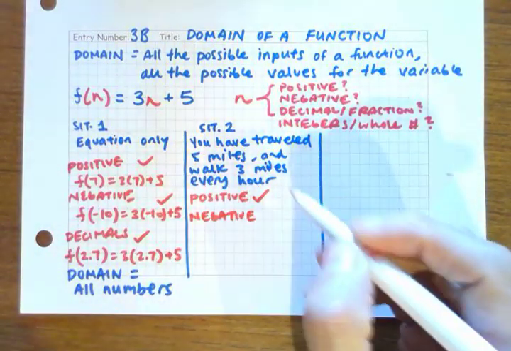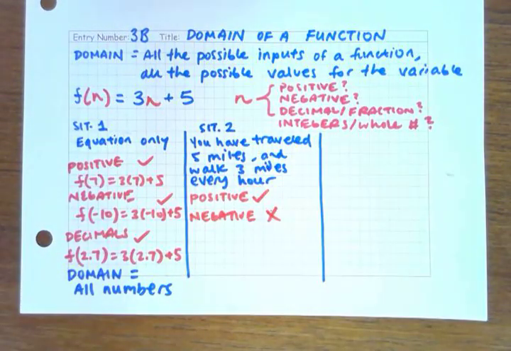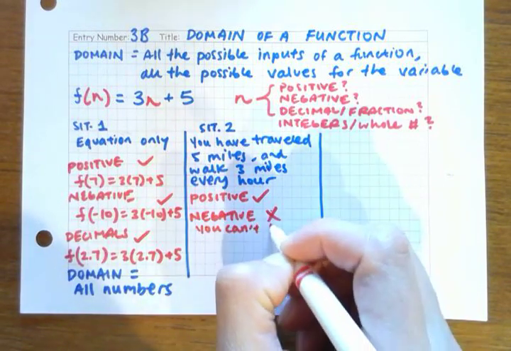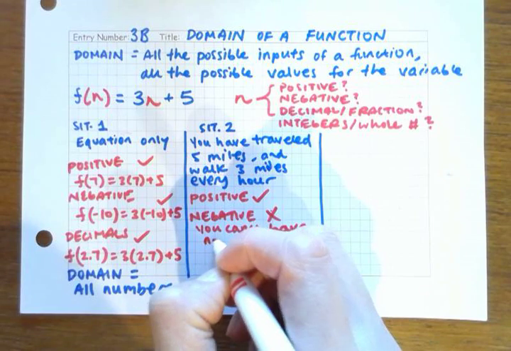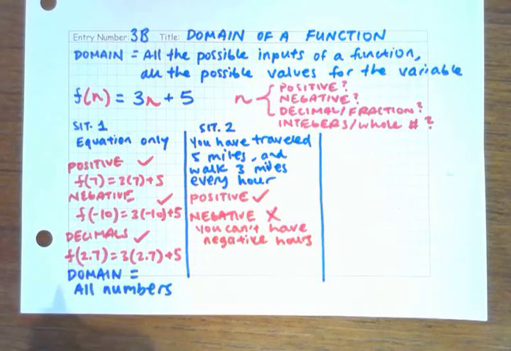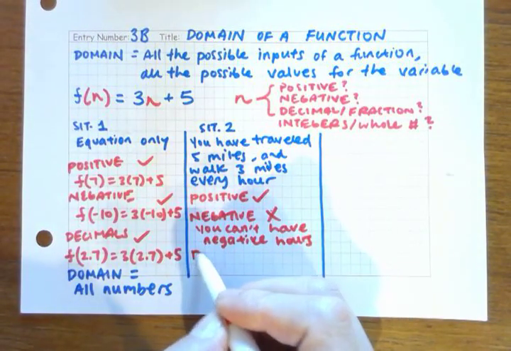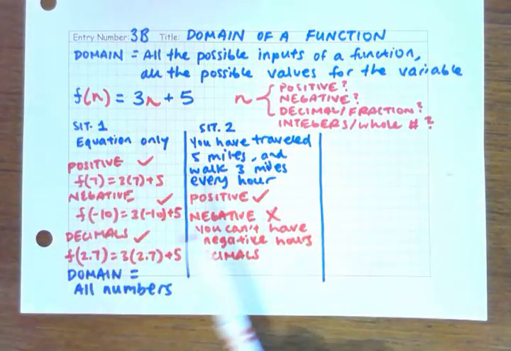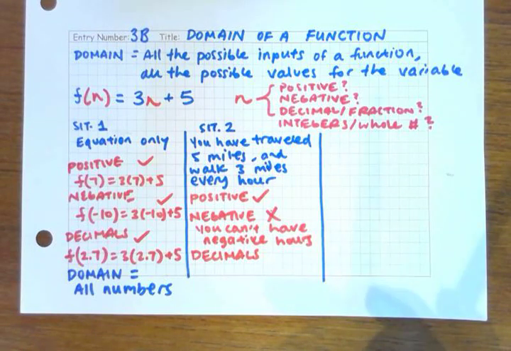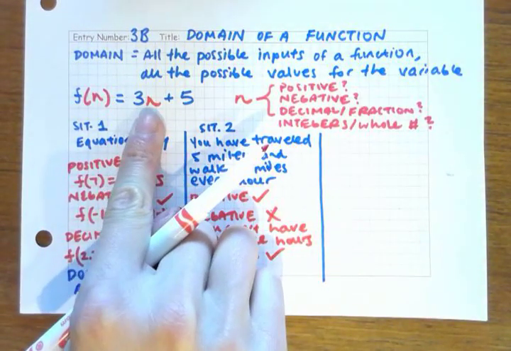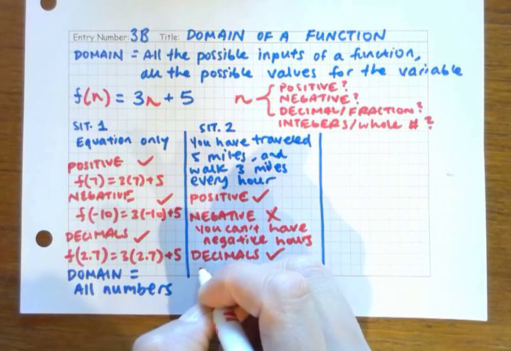In this situation, we cannot, because you can't have negative hours. And then let's also check if decimals or fractions work. So I'll just put decimals. Can I have 2.5 hours? Can I have 3.6 hours? You can. So you can have decimals for n in this function for this situation.